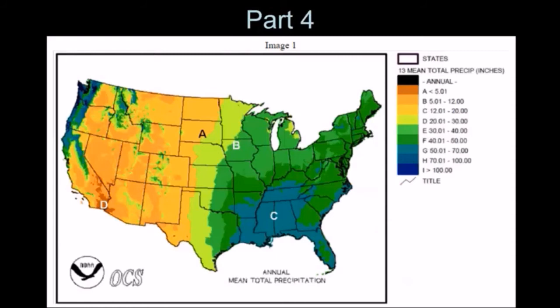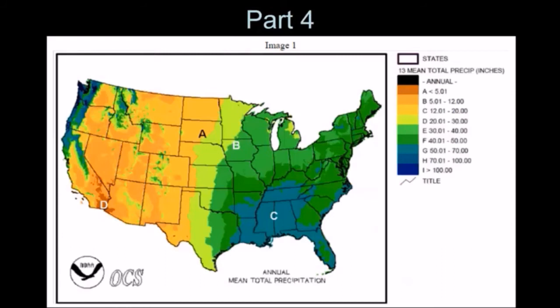But we can probably make a little bit better of an inference, a little better response, because it's closer to the green. So that A is closer to the green, which is the 20 to 30 category. So I would say that's probably somewhere between 15 and 20 is the value for A. So that's just kind of an introduction to these isoline maps. So any response between 15 and 20 would be fine for A.